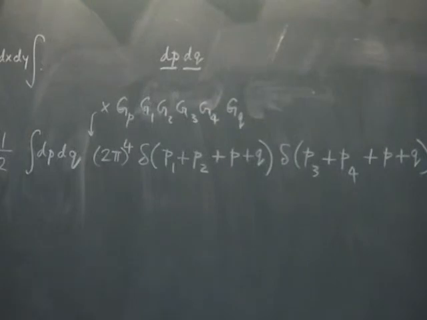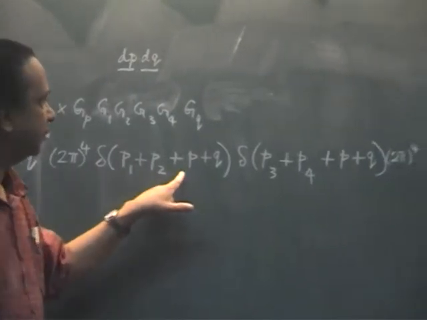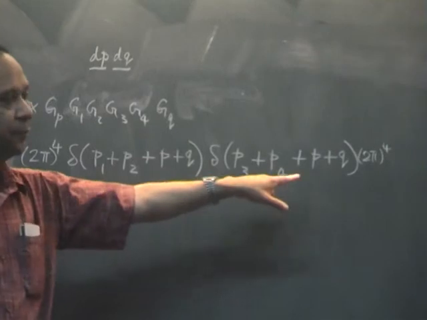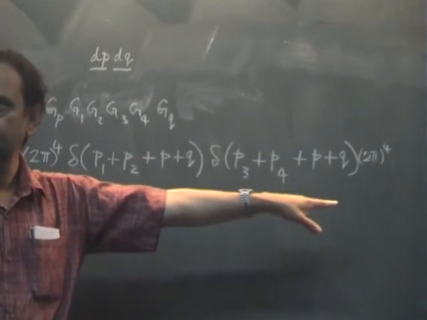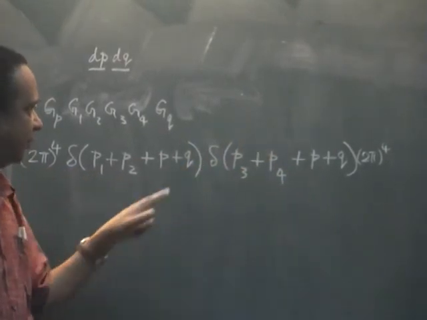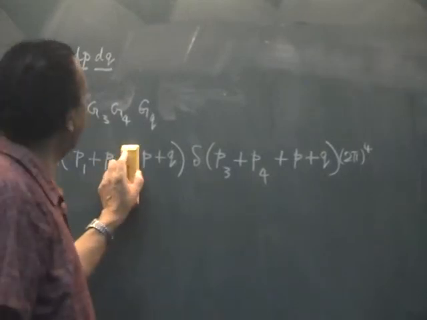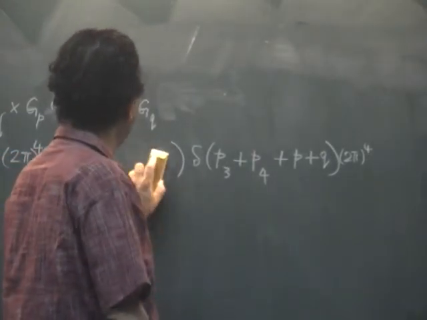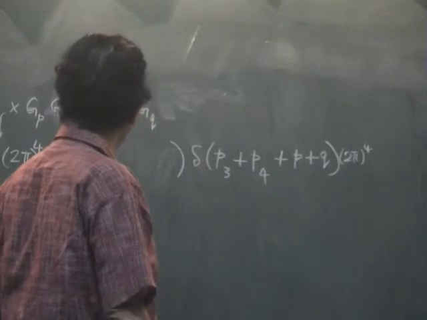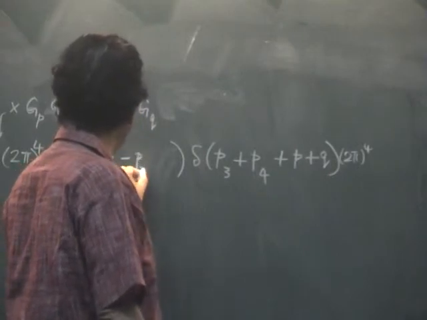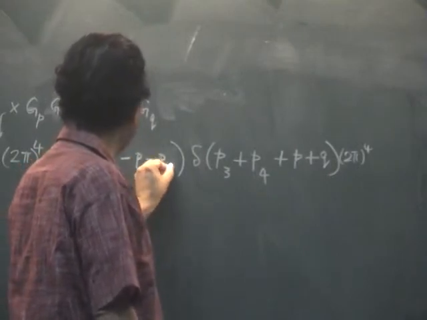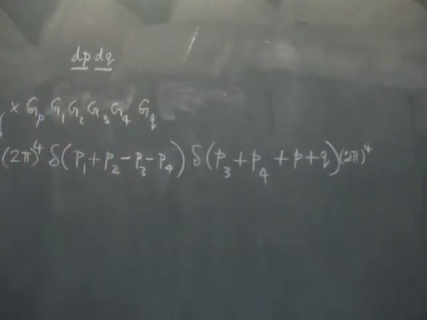Okay? Now, what does this mean? First of all, we know that P1 plus P2 has to be equal to minus of this, and P3 plus P4 should also be equal to minus of that. That means the delta functions can be replaced by saying P1 plus P2 should be equal to minus P3, P4. So one of them can just come out.